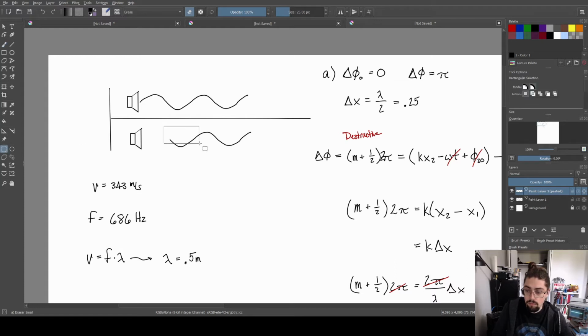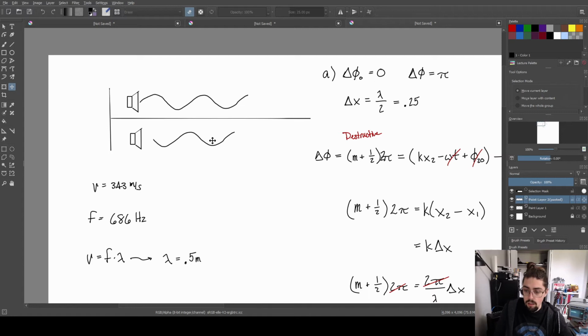So let's drag this thing over a little bit, combine with our new picture. That's what that thing should look like now. Now, if we take this whole thing and we try to line it up, how do we actually make this thing line up? How do we get constructive interference out of this? If we are completely lined up, we get destructive interference. Exactly what we saw last time.